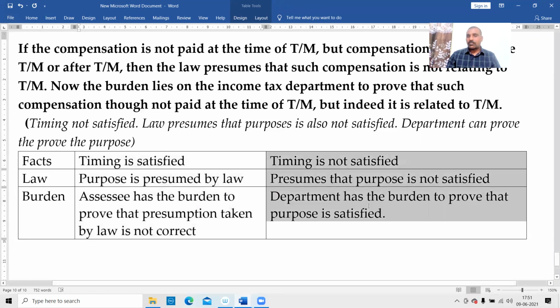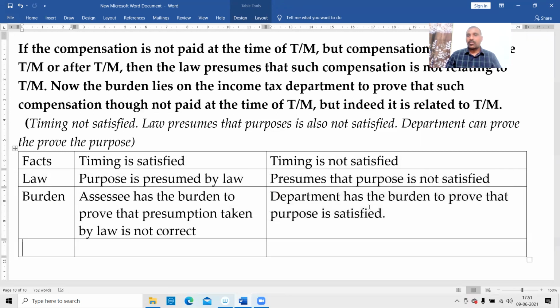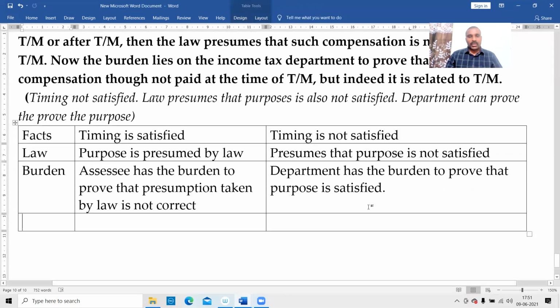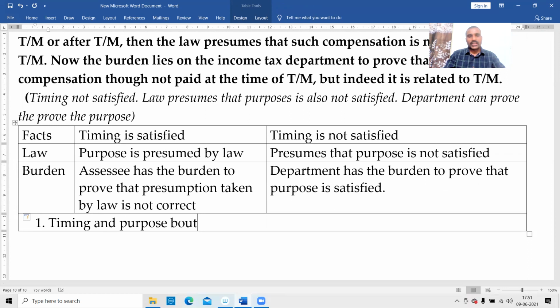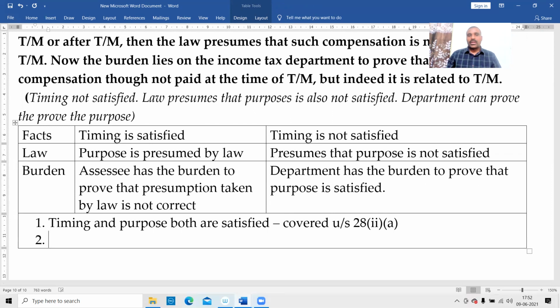Timing is not satisfied but purpose is satisfied, that is covered. This is the most difficult point here, not a plain reading. Therefore the conclusion is that when timing and purpose both are satisfied, it is taxable, covered under section 28 clause 2A.